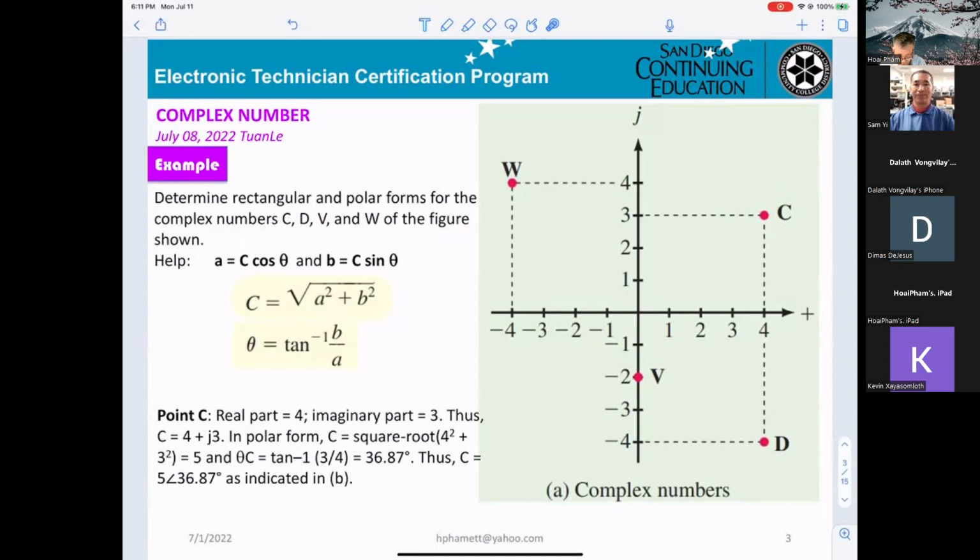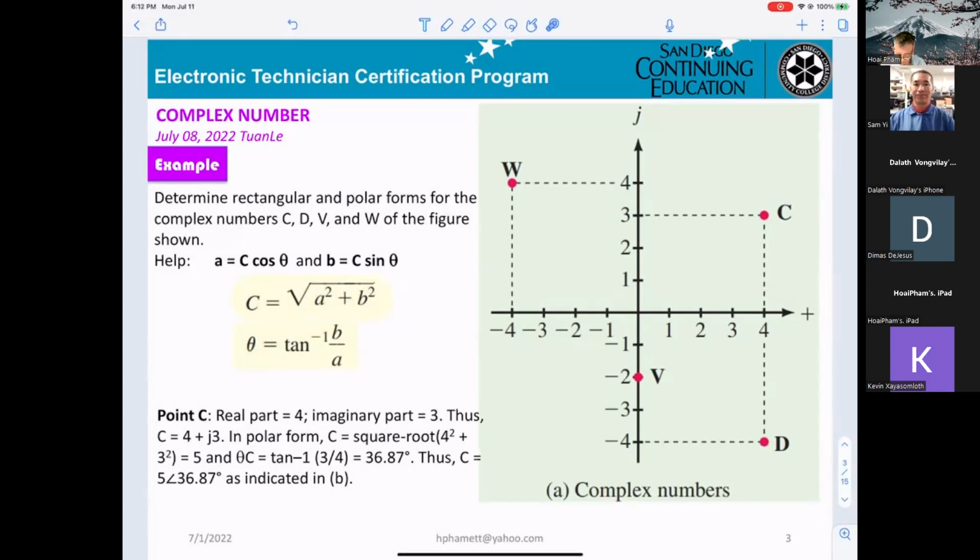Remember, A equals C cosine theta, and B equals C sine theta. And C equals square root of A squared plus B squared, and the angle equals arctan of B over A.